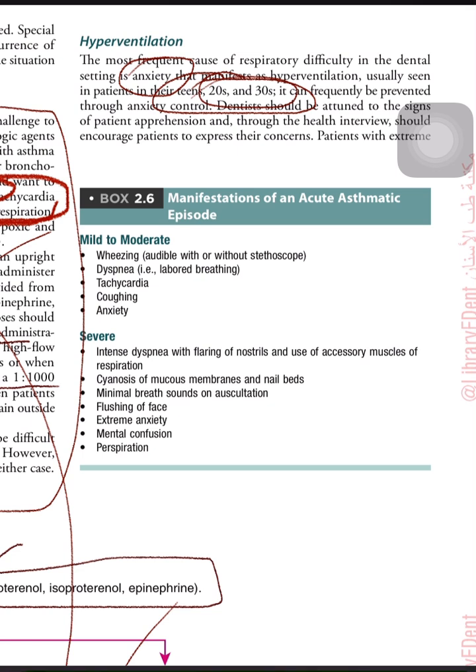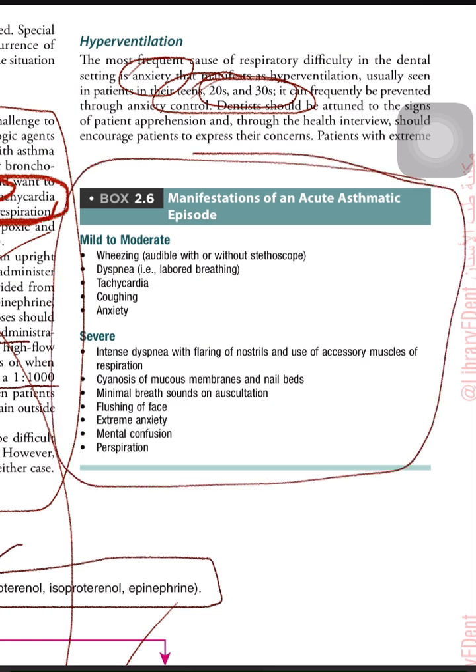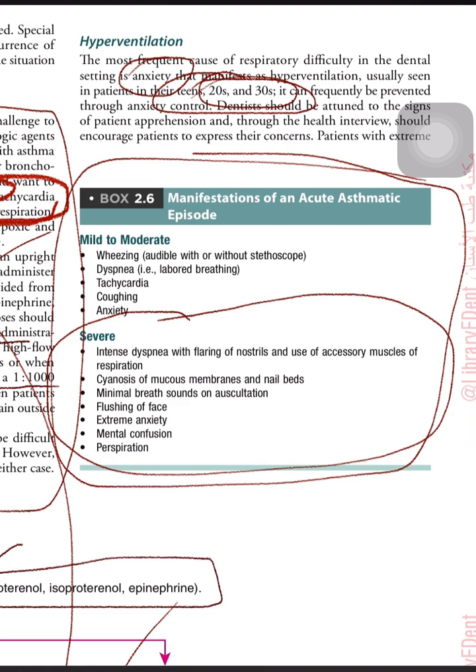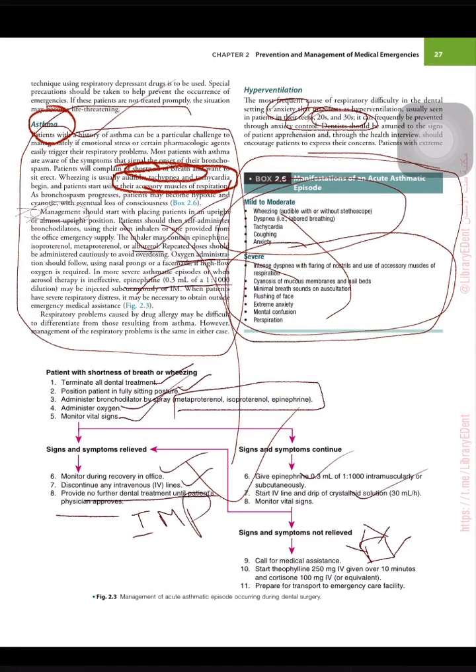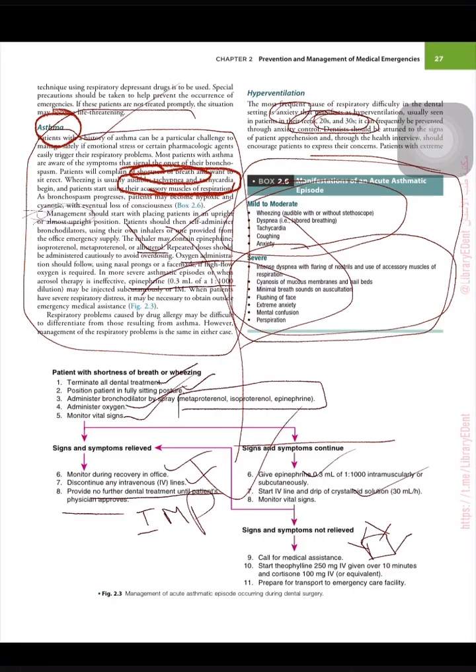Here are some manifestations of an acute asthmatic episode; you have to read and learn this table. This is very important for asthma. These are the signs you will see in an asthmatic patient.